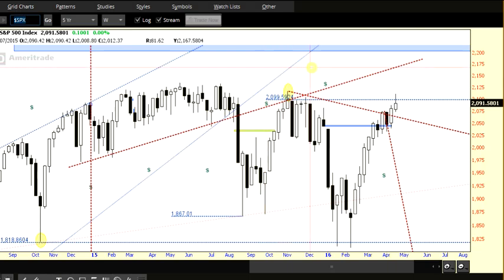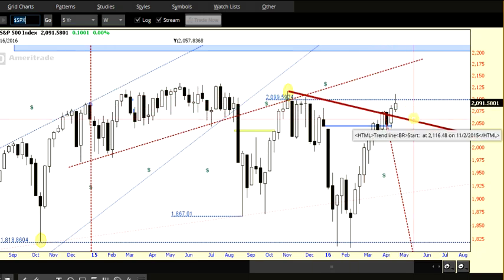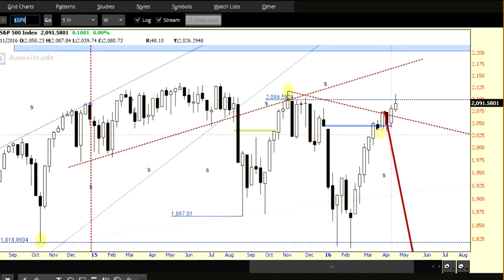So anyway, I would say next week you should see this continue to the downside, at least down to this descending trend line, and then maybe it bounces there and comes up, or maybe it just continues to fall down through here. I think a likely area to stop in is around this 2025 area, below these lows here.